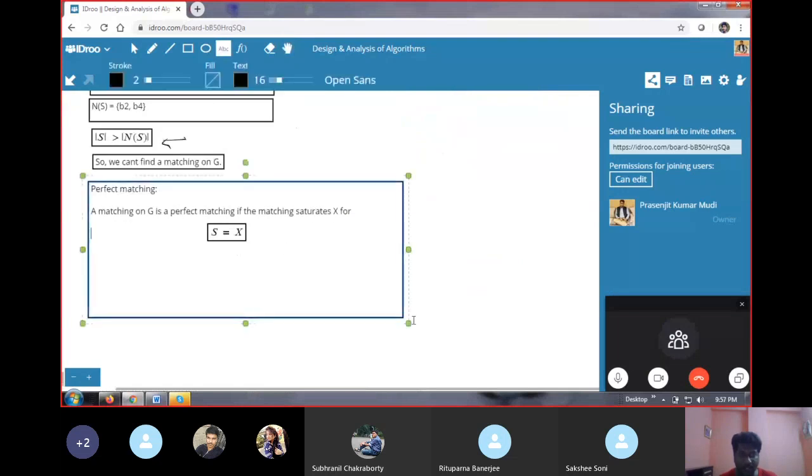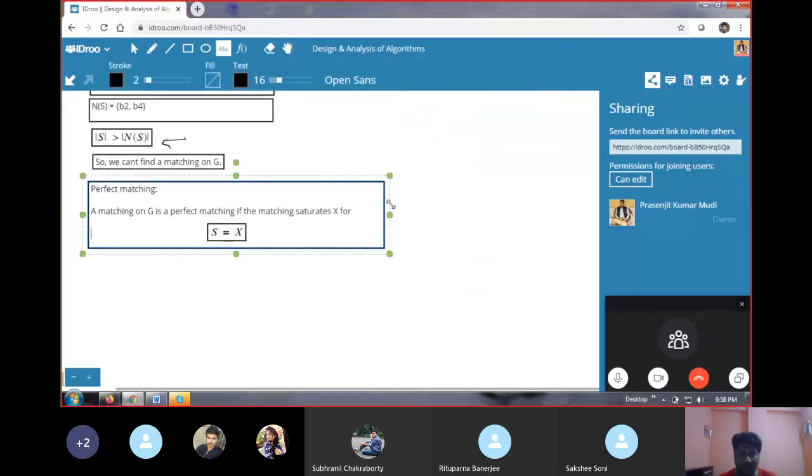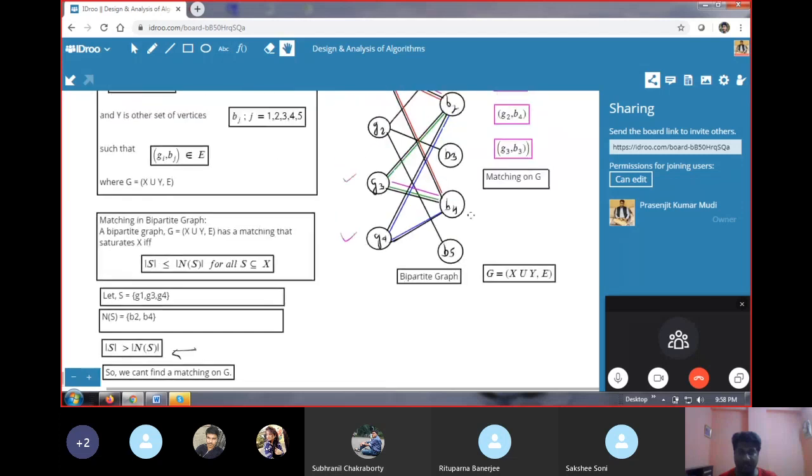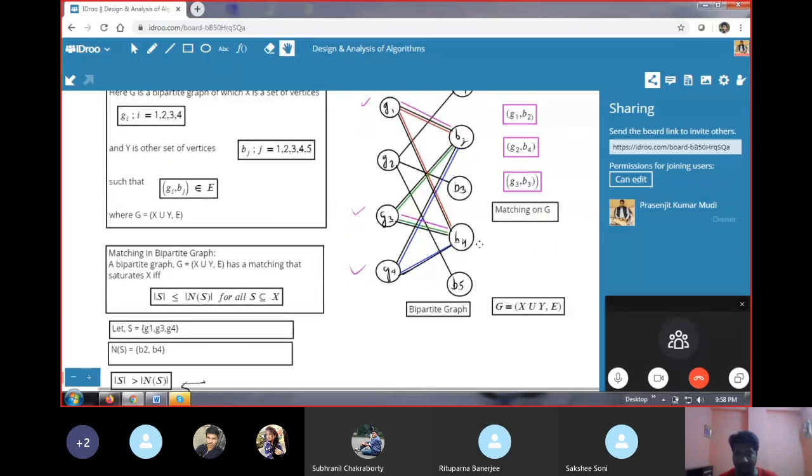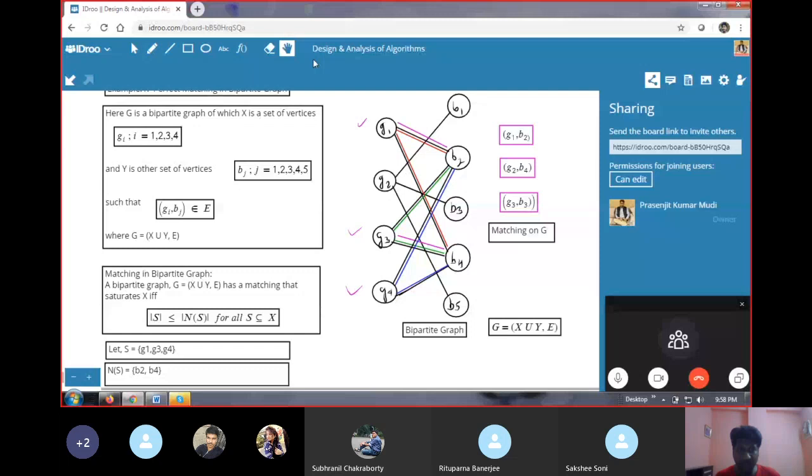So the question is, does the bipartite graph contain any perfect matching? This is a decision problem. Let us try to find a perfect matching here. Can you find the perfect matching here?